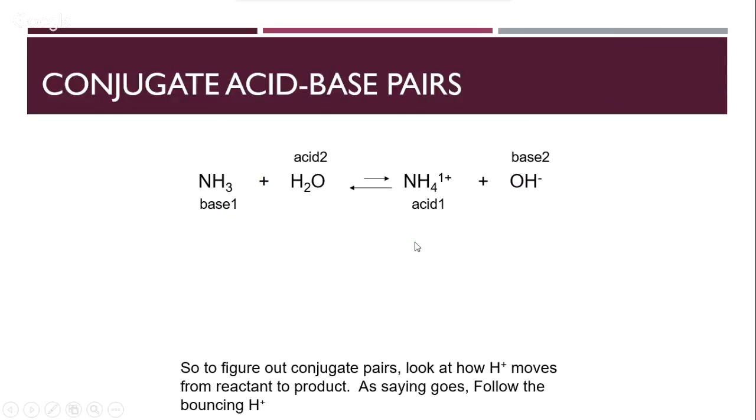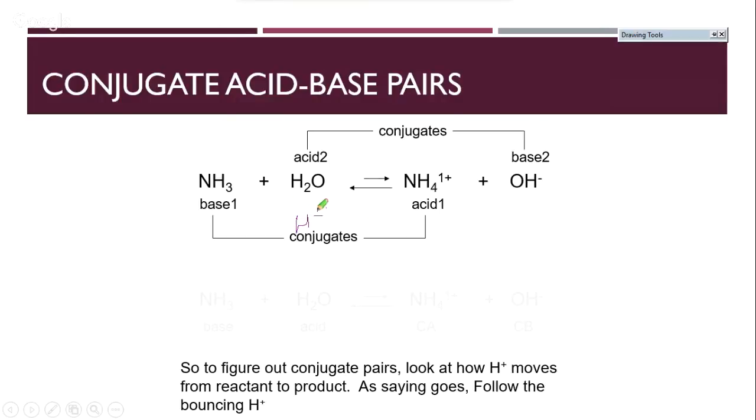If you compare them, you'll find that base 1 has created acid 1 and acid 2 has created base 2. And in both of them, there is a difference of a single H plus. So here there is an H plus that is added to NH3, and here there is an H plus that has been taken out of water as you go towards the right-hand side. So this is a conjugate acid-base pair.